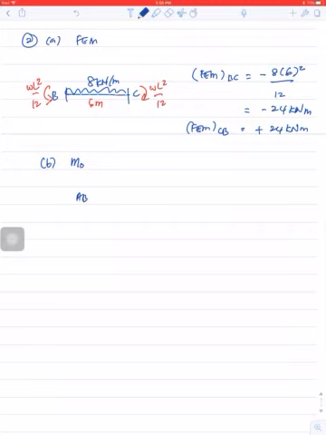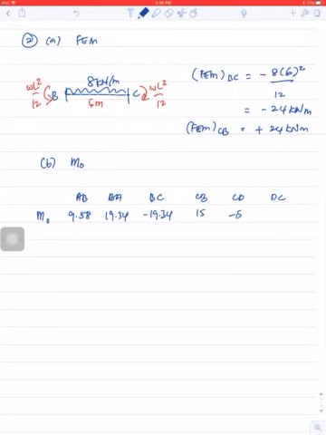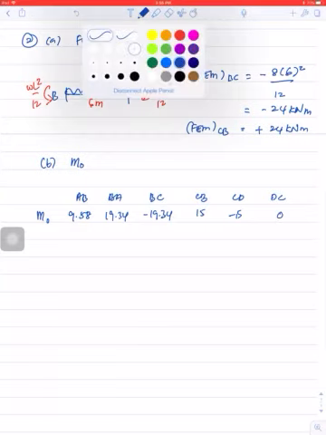We have members AB, BA, BC, CB, CD and DC. And these are the M naught values: 9.58, 19.34, negative 19.34, 15, negative 15, and 0.